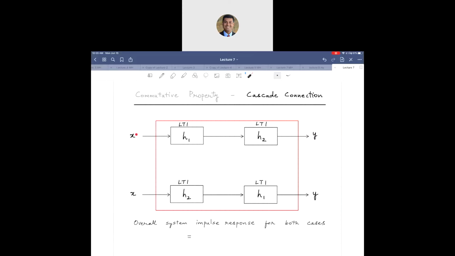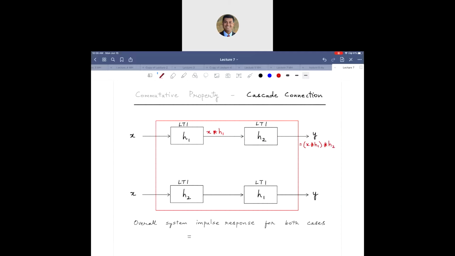So in the first case, the top case here, what would be the output of system 1? Well, the output of system 1 would be x convolved with h1. Now, if you take that and go into a linear time invariant system with impulse response h2, what are you going to have for y? Well, first you do x convolved with h1. Now you convolve with h2.